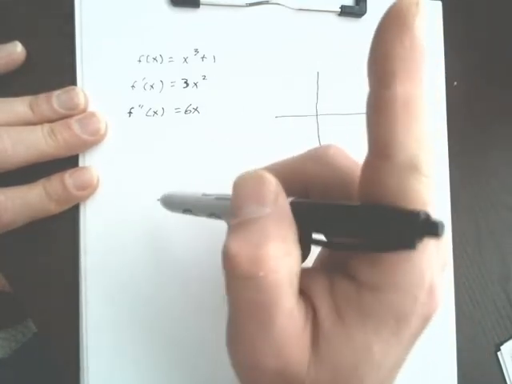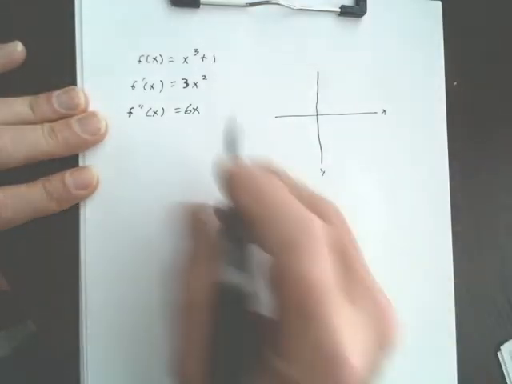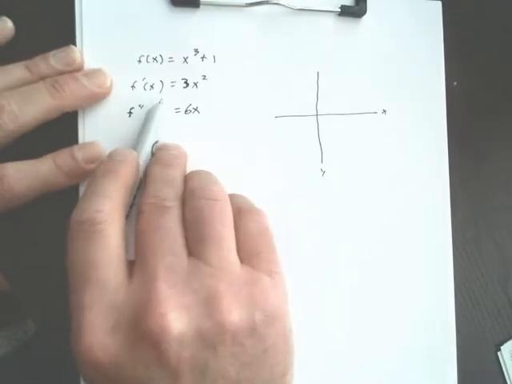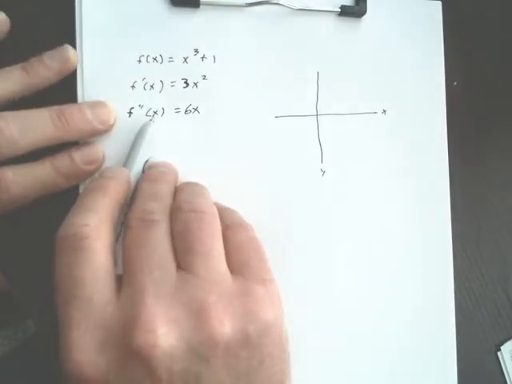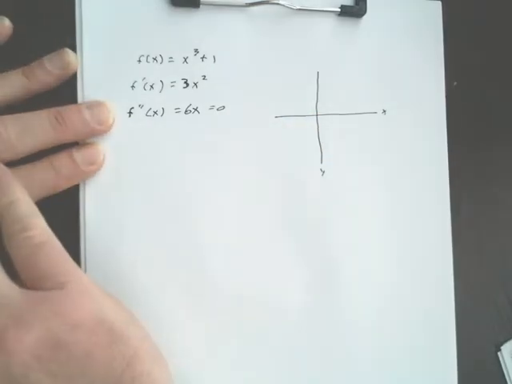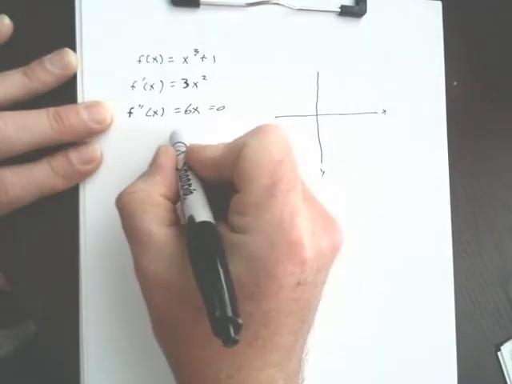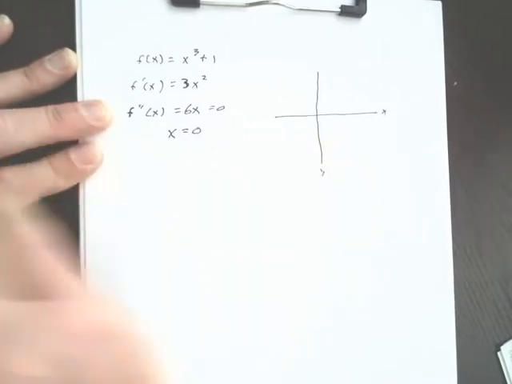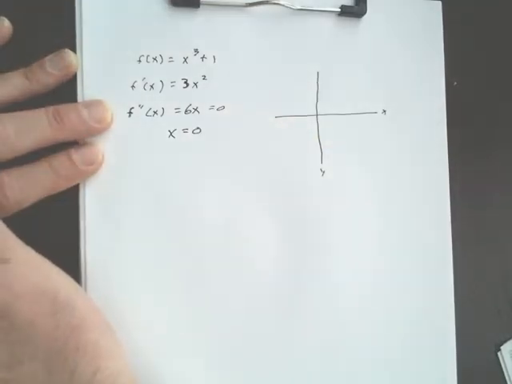Okay, when we set the second derivative equal to 0 to find the inflection point, we get x equals 0, which is the same x coordinate for the inflection point that it was last time.